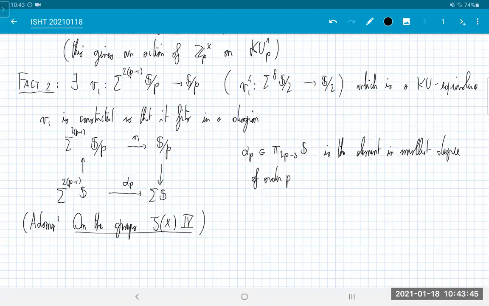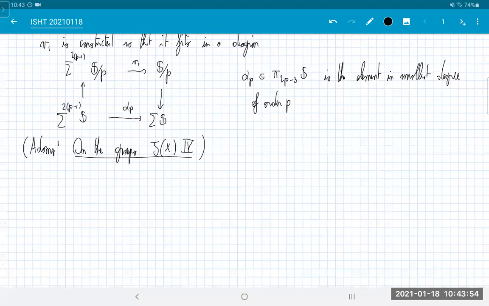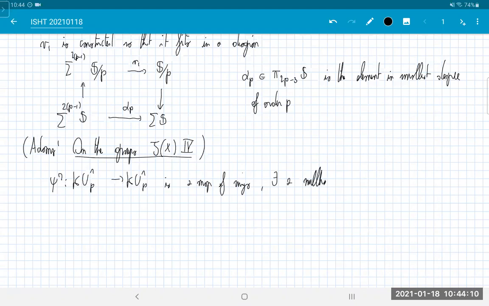But let's put together fact 1 and fact 2 and see what this gives us. So since psi r from KU p to KU p is a map of rings, there exists a null homotopy of the composition from the sphere to KU p to KU p complete, psi r minus 1.